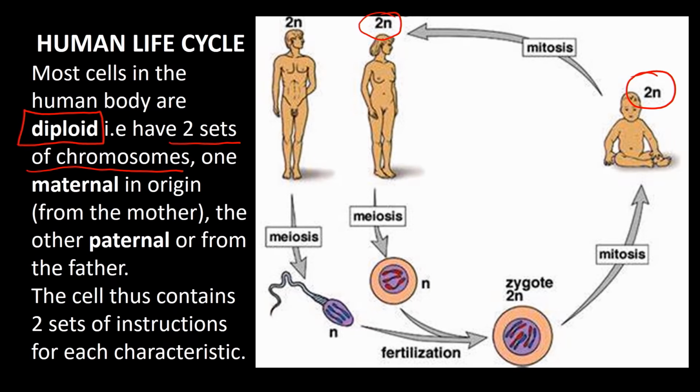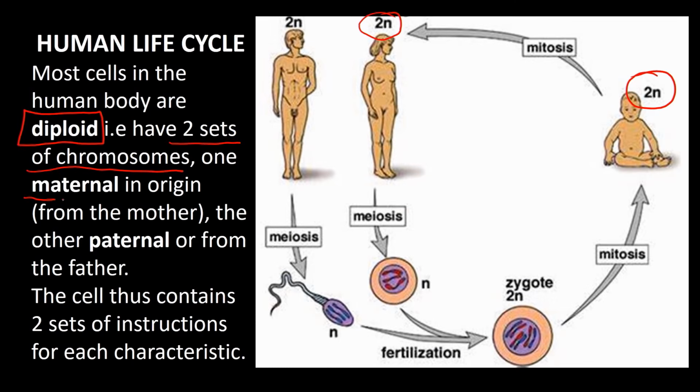You get those sets of chromosomes from each of your parents. The one you get from your mother is called the maternal set of chromosomes, and the ones you get from your father are the paternal set of chromosomes.